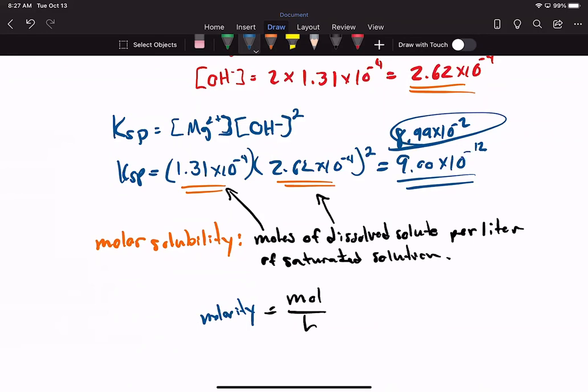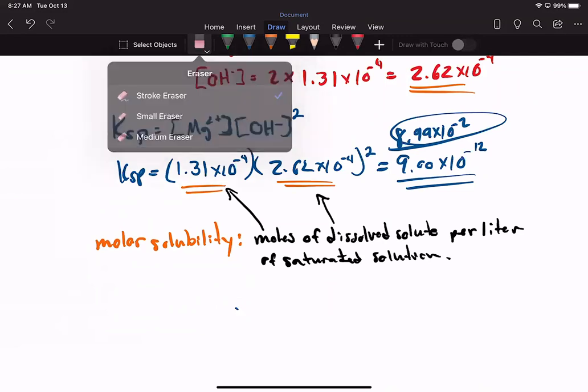So when we talk about molar solubility, we can consider that very similar to just molarity. We now have some moles of dissolved solute per liter of saturated solution.